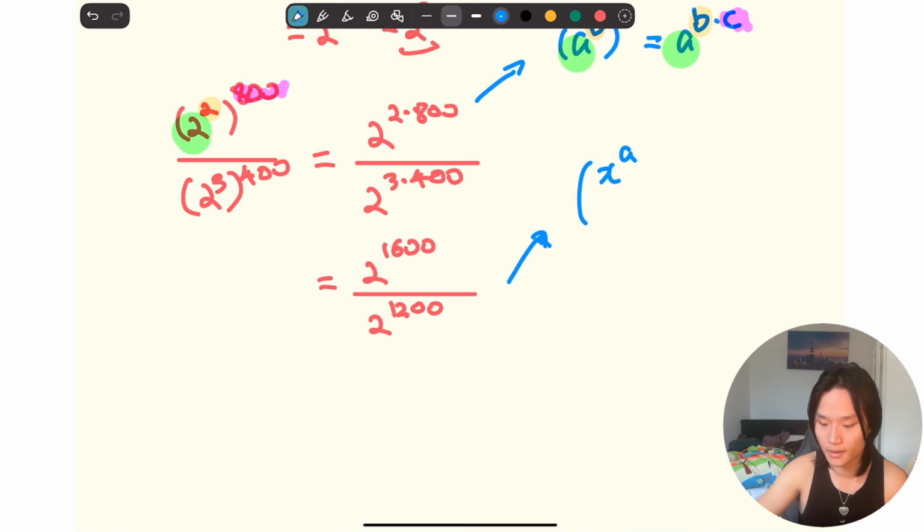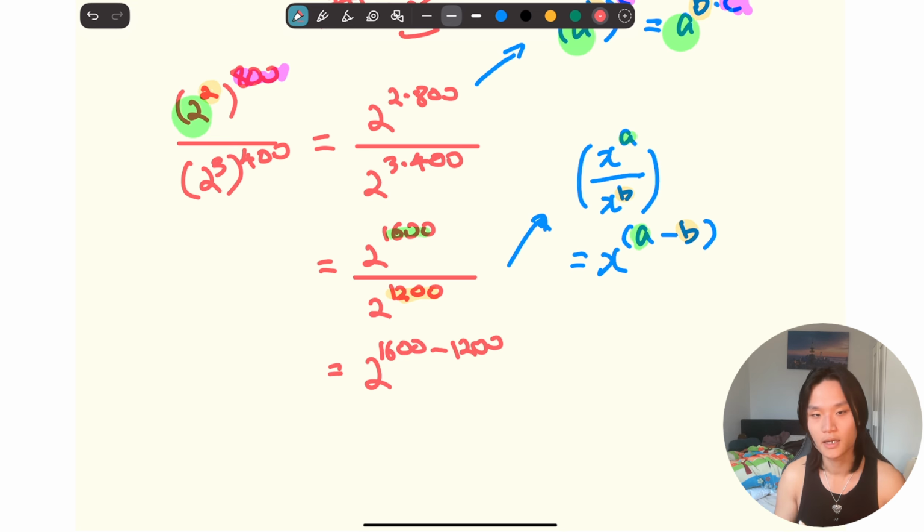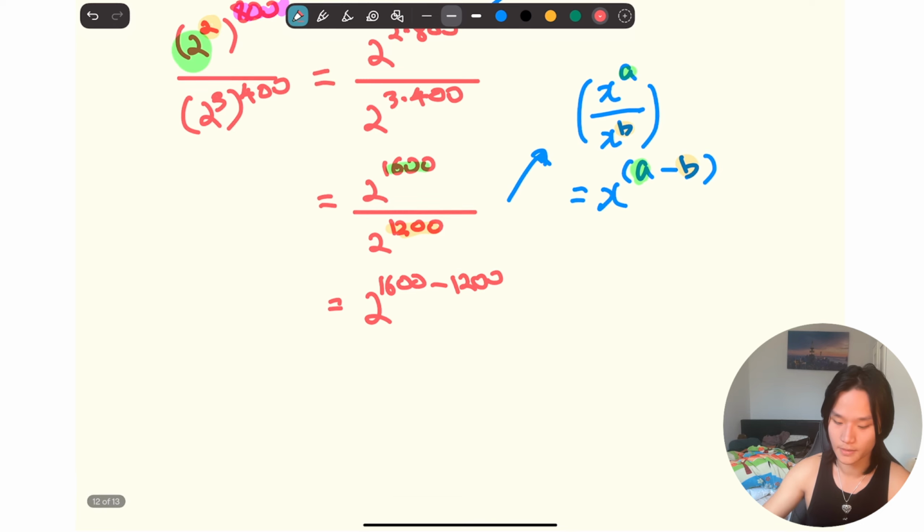So in our case, a is 1,600 and b is 1,200. Okay, so we write out our final answer. That is 2 raised to the power of 1,600 minus 1,200. Well, that is just 400.